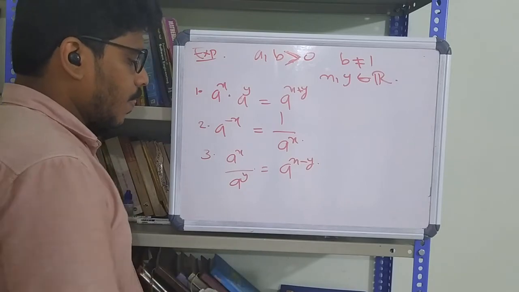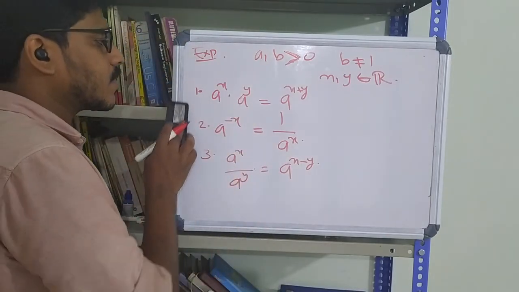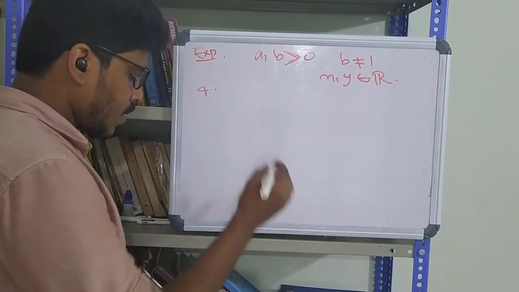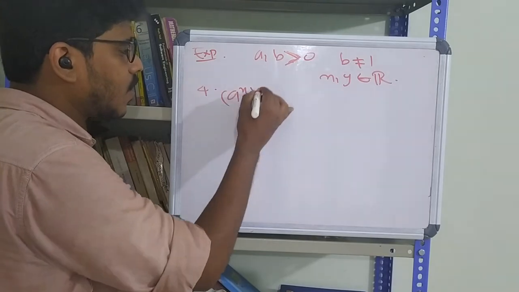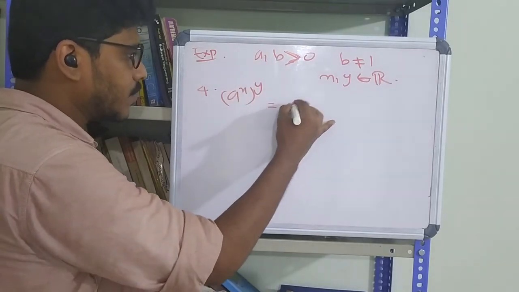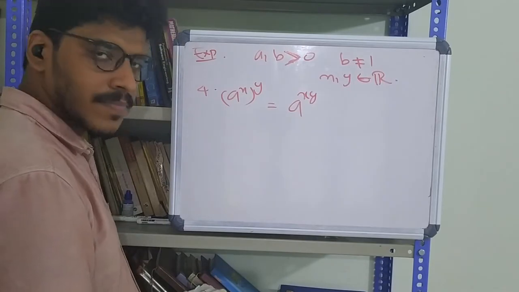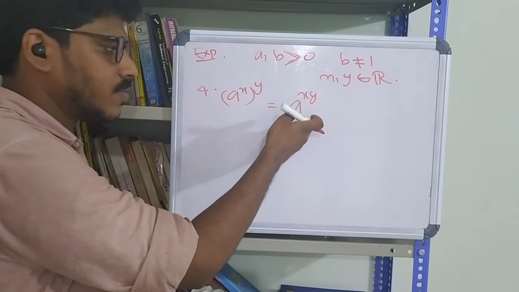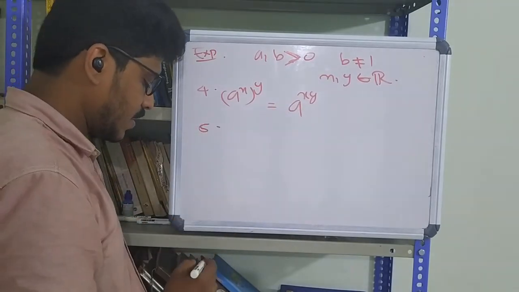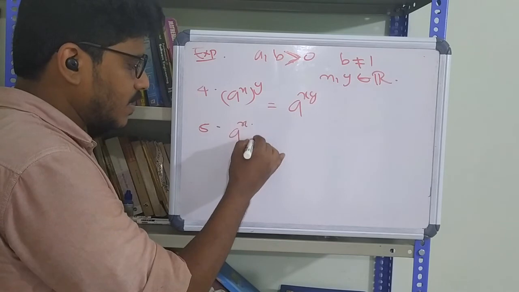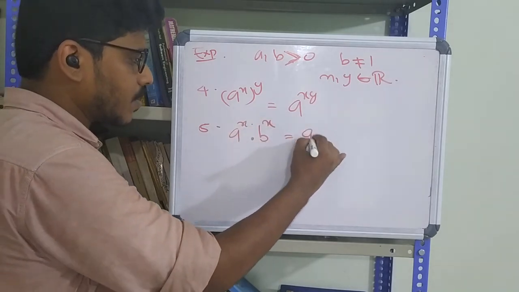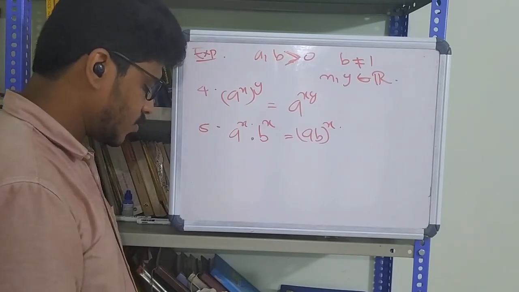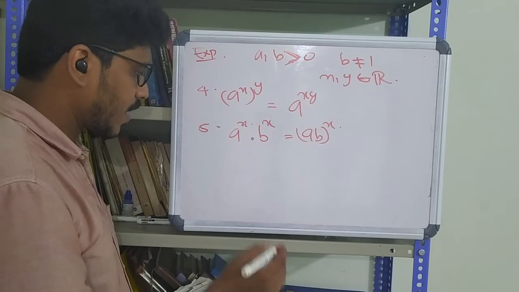You may note this down. The fourth one, a raised to x whole raised to the power y is equal to a raised to the power xy. And the fifth property is a raised to the power x into b raised to the power x equal to ab raised to the power x.